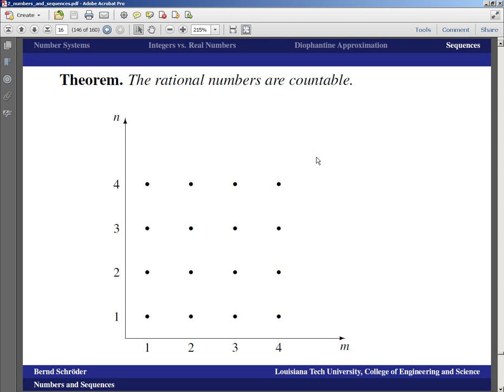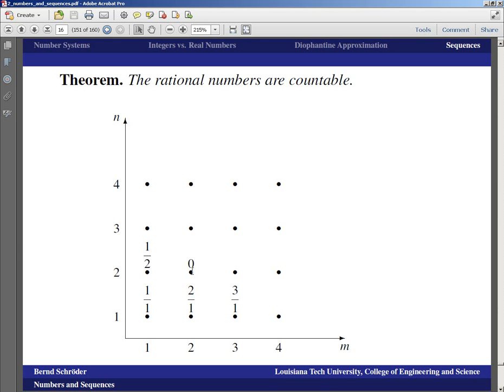But if you envision them a little bit differently, if you put numerators on the x-axis and denominators on the y-axis, well then 1 over 1 will be the first rational number, 2 over 1 is the second rational number, 1/2 is the third rational number, 3 over 1 is the fourth. Okay, 2 over 2 would be 1, and I've already counted it.